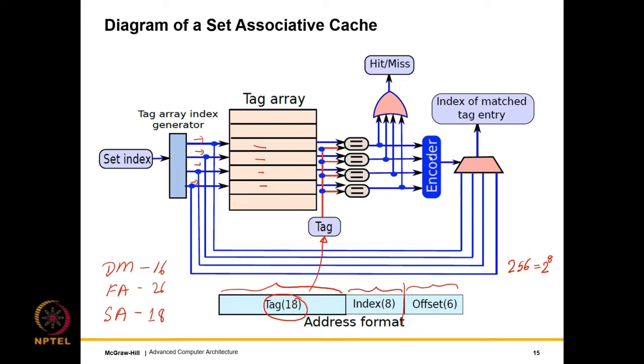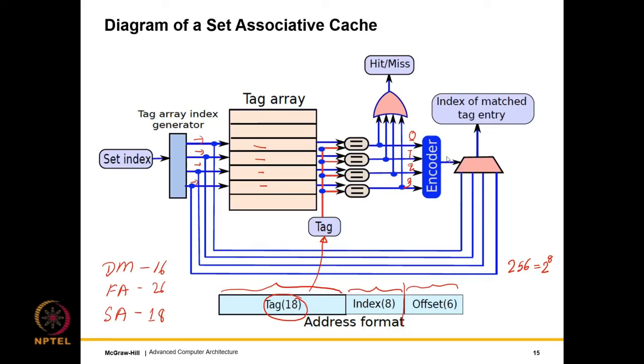And if there is a hit, that's good. So we then use an encoder. The encoder tells us which one of these lines actually had a hit. We can number them 0, 1, 2 and 3. Simultaneously the 4 addresses of the lines are being sent to a multiplexer.